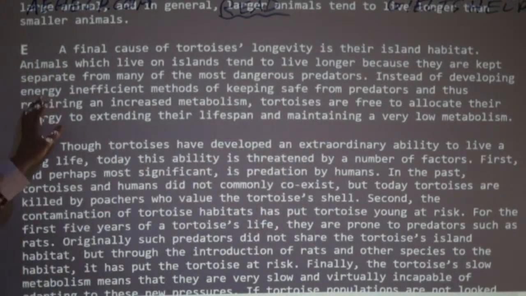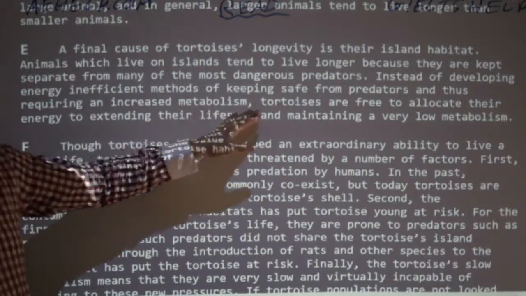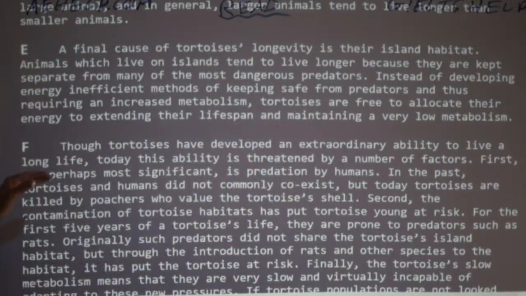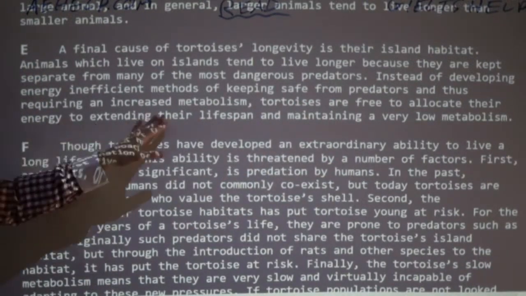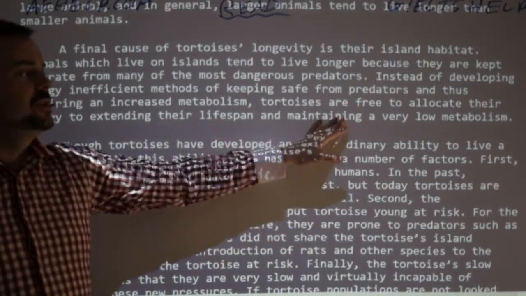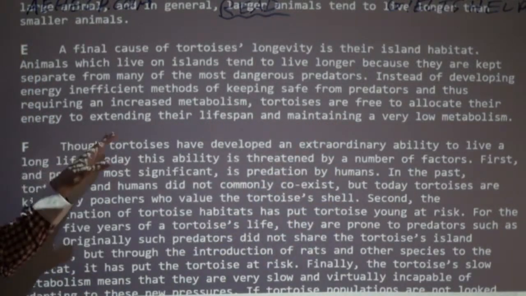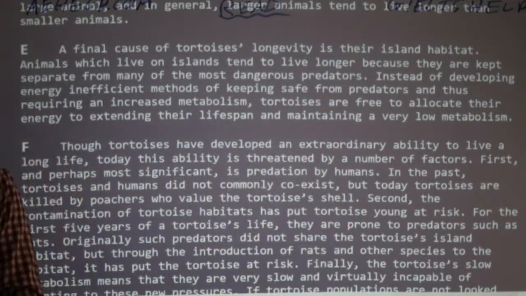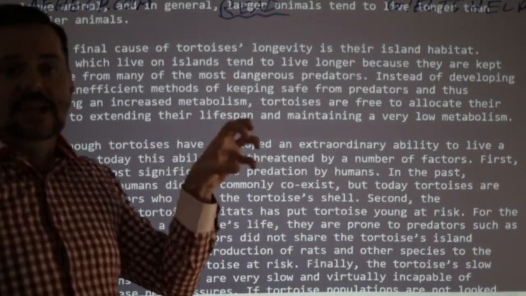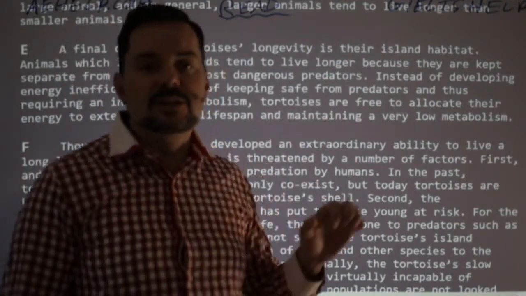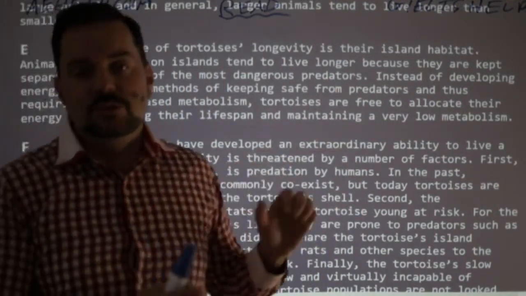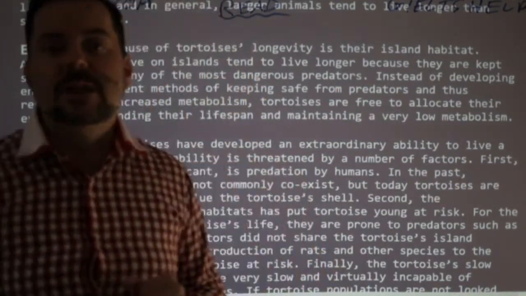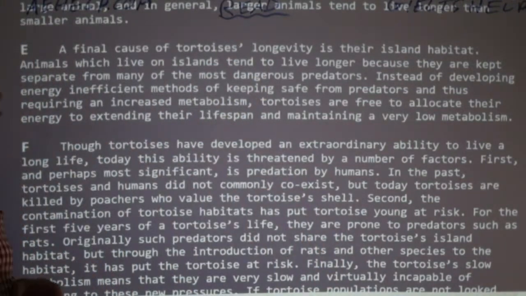Instead of developing energy inefficient methods of keeping safe from predators and thus requiring an increased metabolism, tortoises are free to allocate their energy to extending their lifespan and maintaining a very low metabolism. All right, so again, I'm visualizing that big, dangerous dinosaur-looking thing is on the land. It cannot get to Tonto. Tonto is on the island with me. Okay, so continuing that visualization.